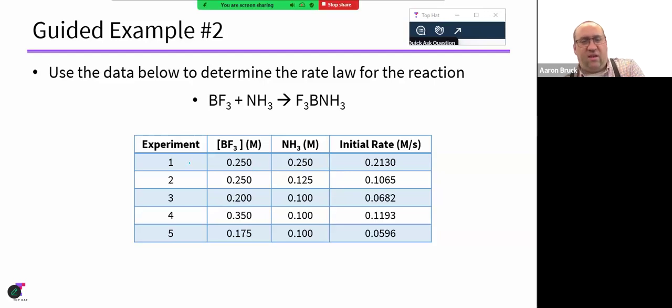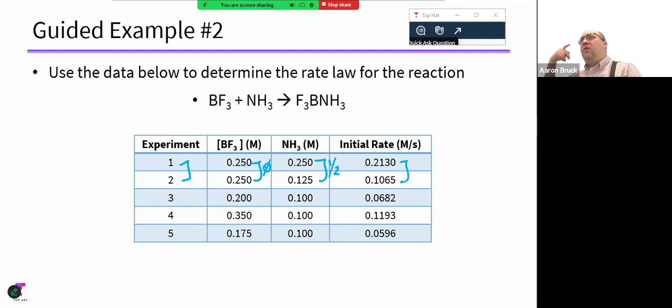So I can see in experiments 1 and 2, BF3 is being held constant. Ammonia has been cut in half. What happened to the rate? It's been cut in half as well.